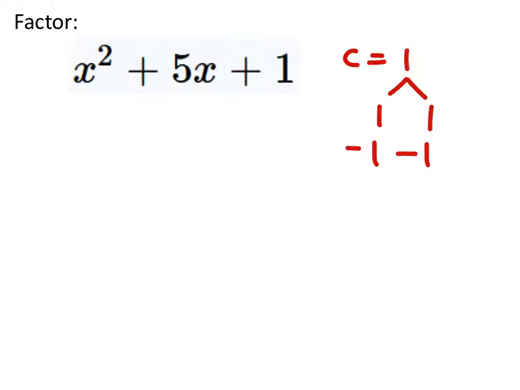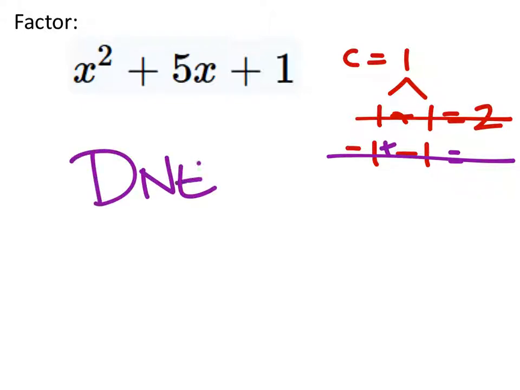Now that would be the product, but this one's a sum. 1 times 1 is 1. So if I add these together, do I get 5? No, that's no good. What about -1 plus -1? Does that equal 5? No, it's -2. Well, this one can't be done. It does not exist.